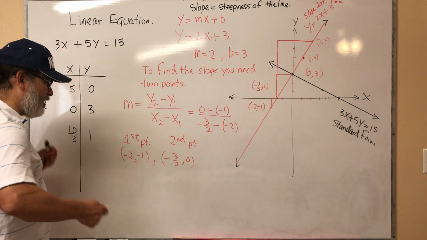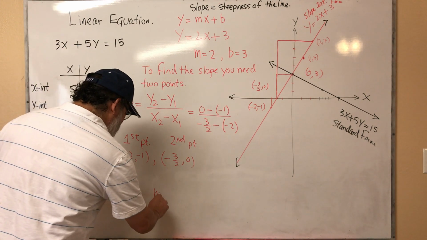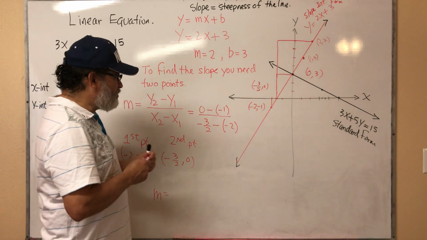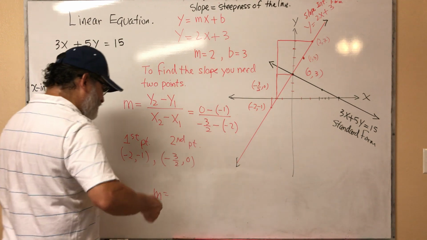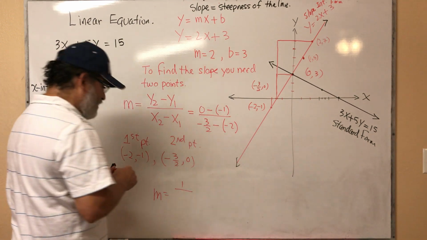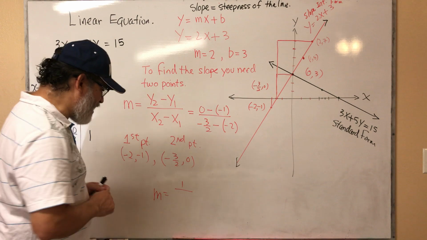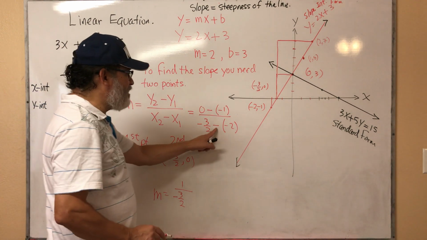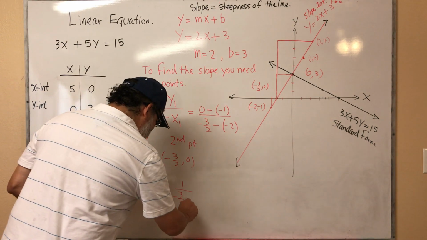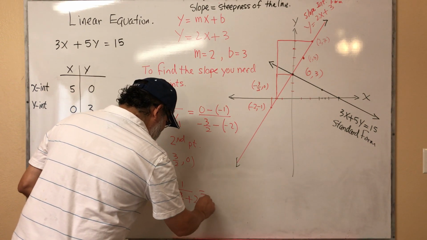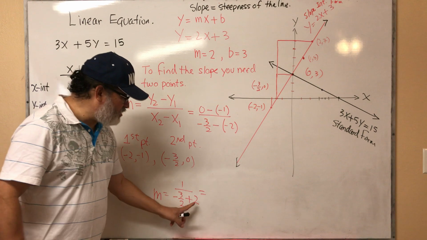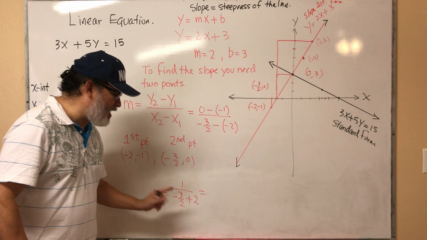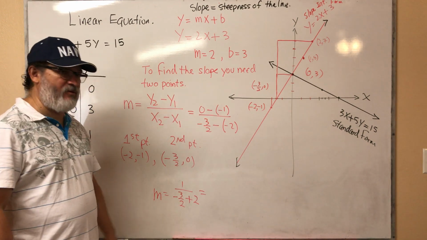Okay. All right. Let me simplify below. So the slope is gonna be, what's a minus of a minus? That's a plus. That's a -3/2. And what's a minus of a minus? That's a plus. So this is like 2 minus 1.5, because remember, this is 1.5.